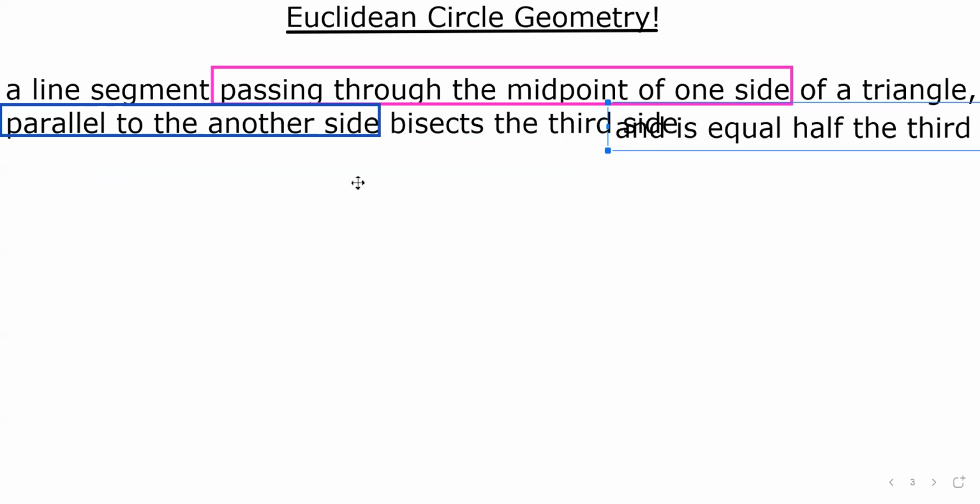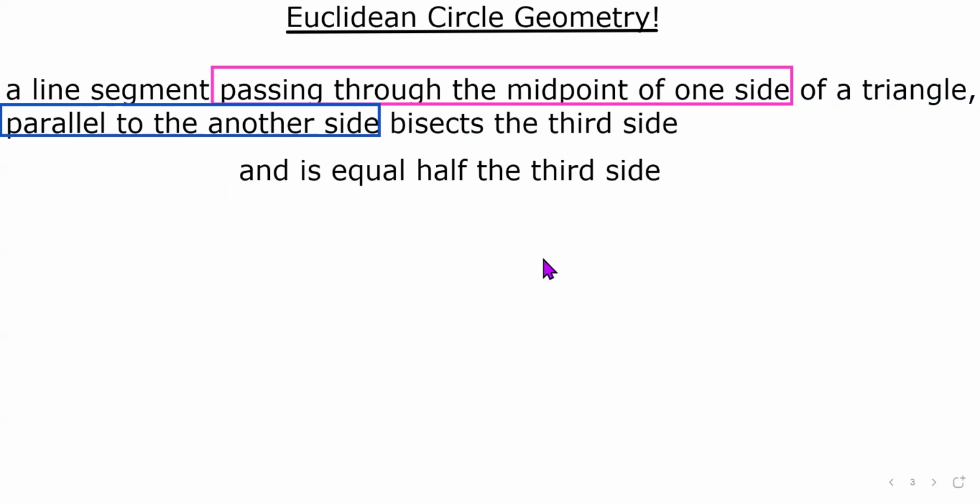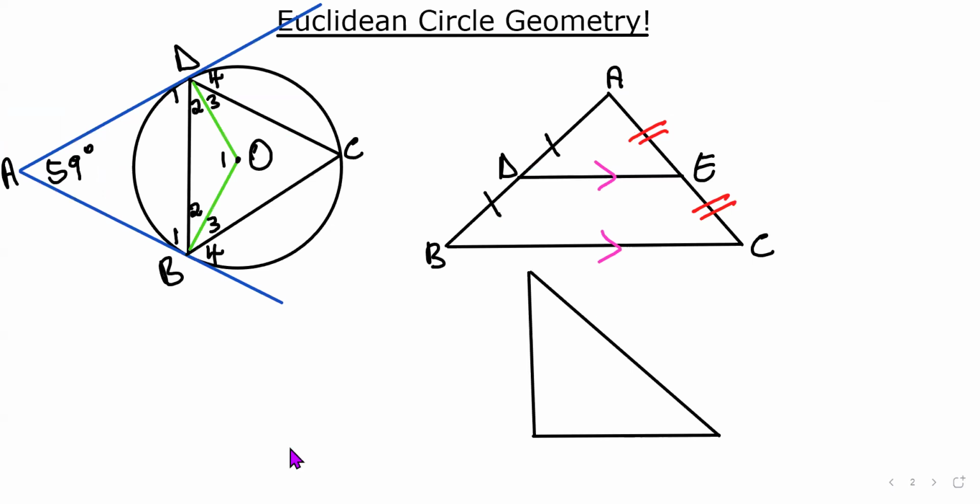So it's an insertion here, something that is continuing. Please forgive me for that. What am I saying in simpler terms? Well, now you can see that DE is parallel to BC. That's the second condition. But also we can see that DE is passing through the midpoint of AB.